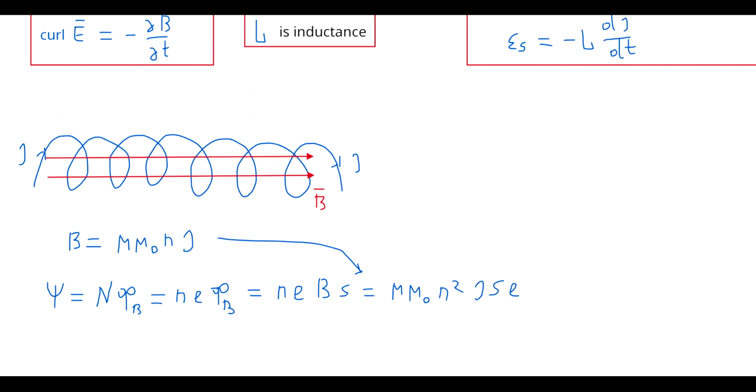The area of a coil multiplied by the length of all coils will be equal to the volume inside these coils.